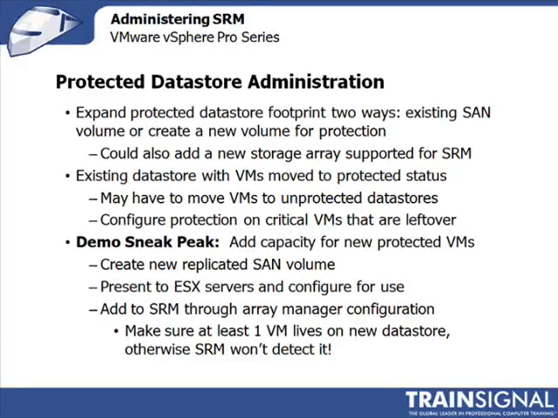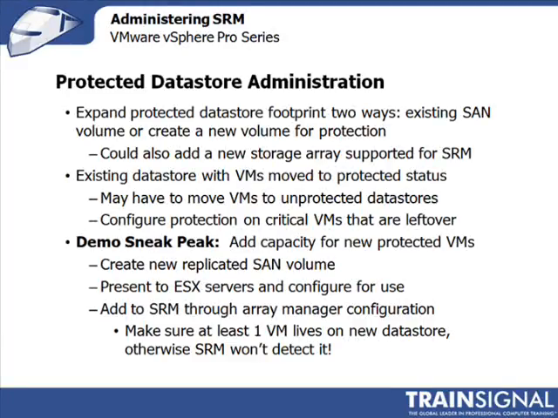Remember that the SRA is the storage replication adapter. It's what talks to the storage array from SRM. Without that new SRA that the new SAN would require, there's no way you're going to configure it with SRM. If you refer back to our lesson on installing SRM, you'll have the information you need to complete that step.